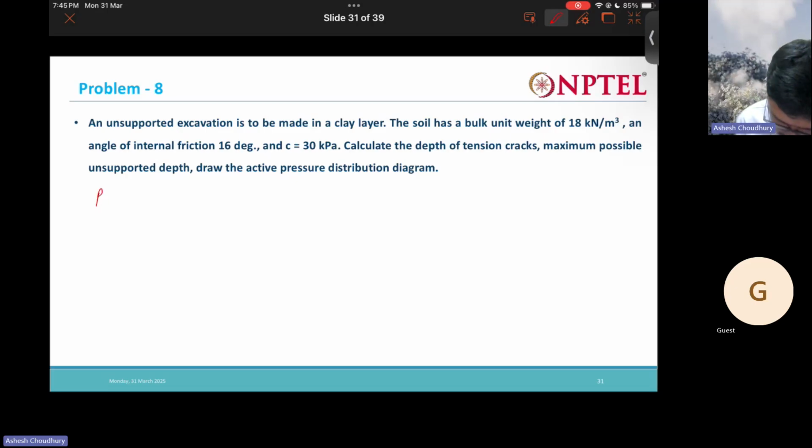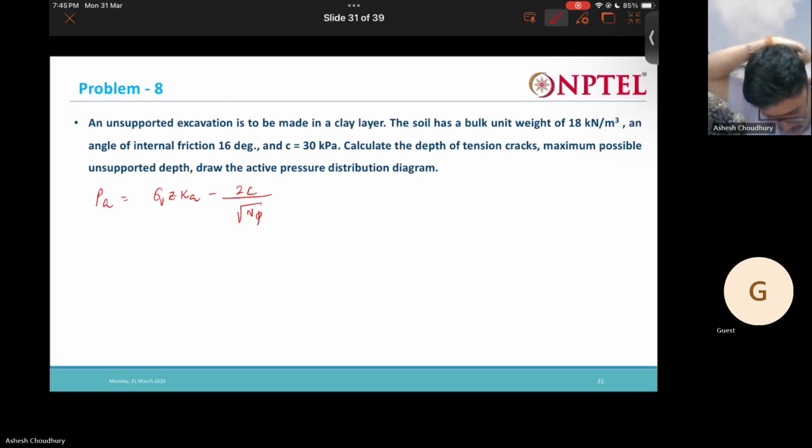So my PA is what? So here, in case of c-phi soils, if you remember, we have this kind of diagram, right?